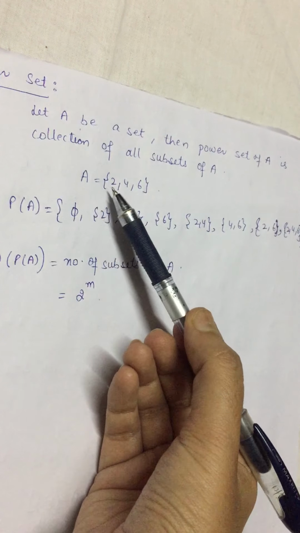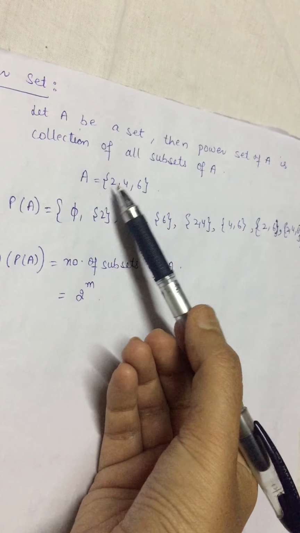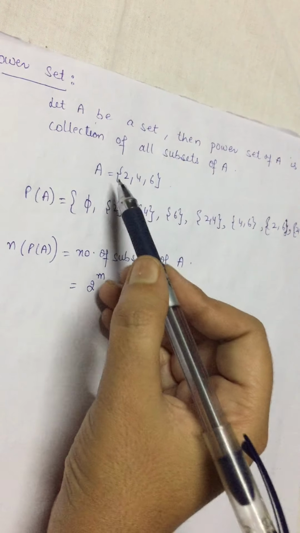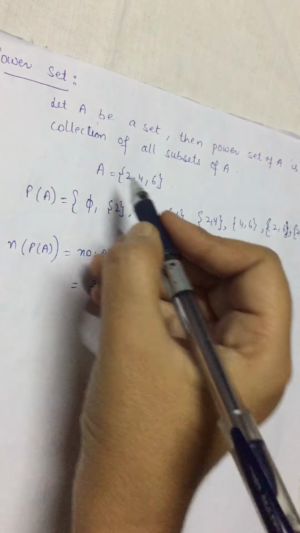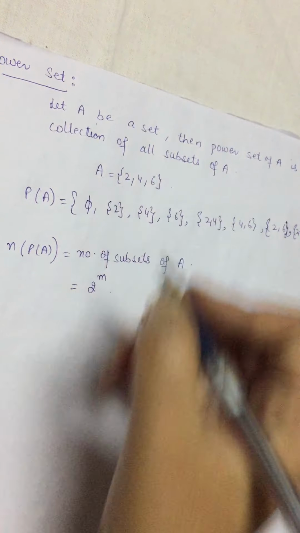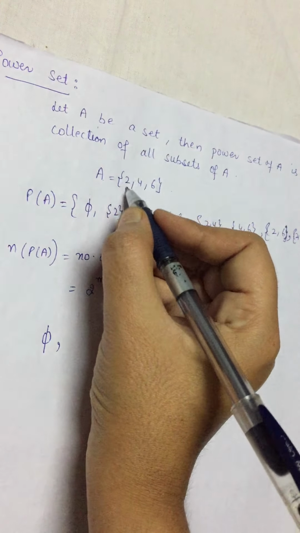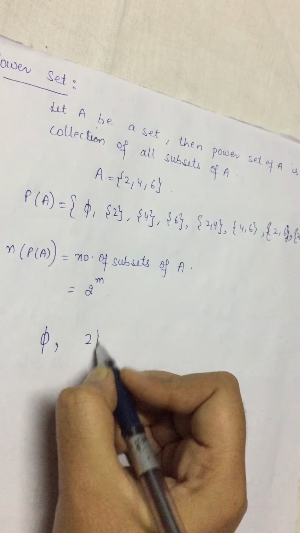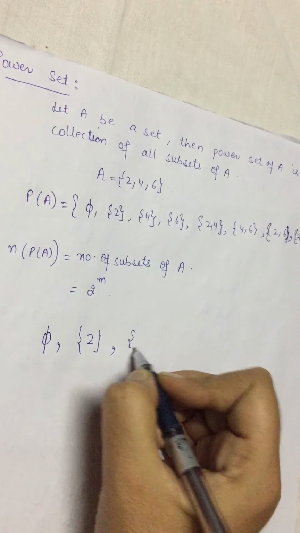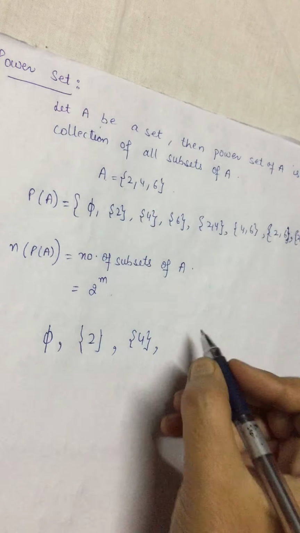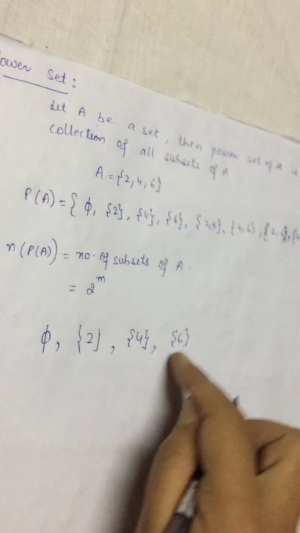So here I am taking an example where A contains elements 2, 4, 6, and I am writing all the subsets of A. As I talked earlier, phi is always a subset. If I take only 2, this is also a subset. Single elements will be considered, and 4 can also be a subset. 6 is also a subset of this.